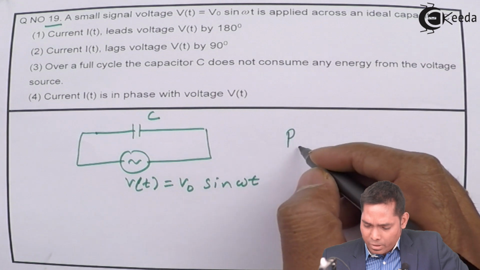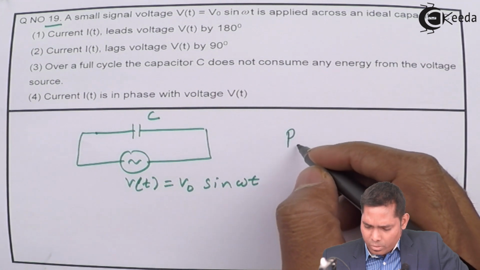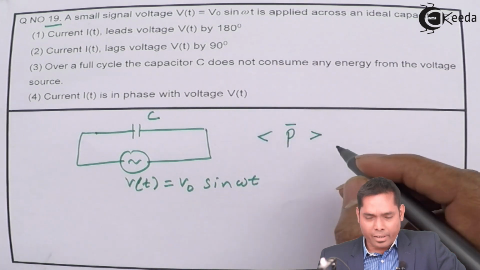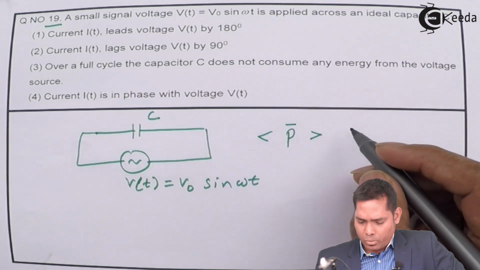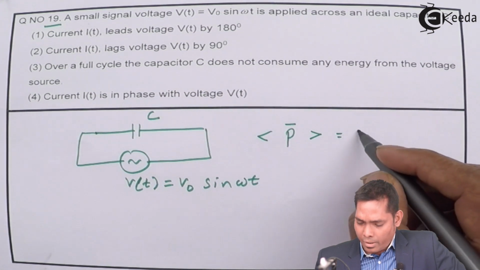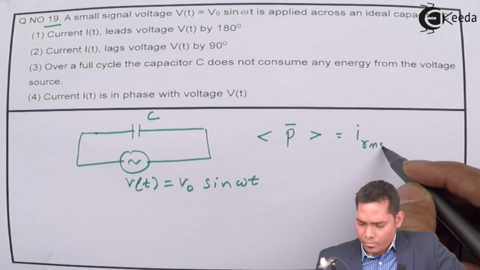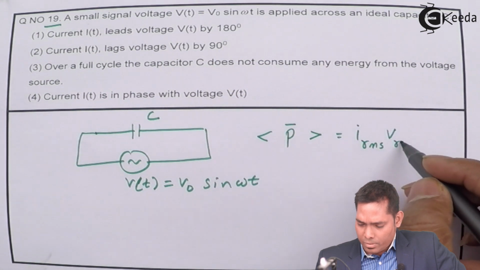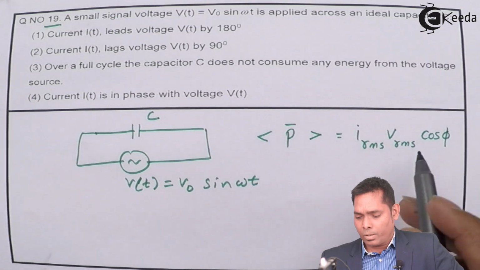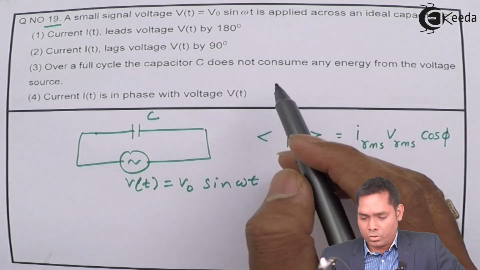The average power consumed P average in a cycle of AC input is IRMS, VRMS and cos of phi. This is the formula for average power consumed.